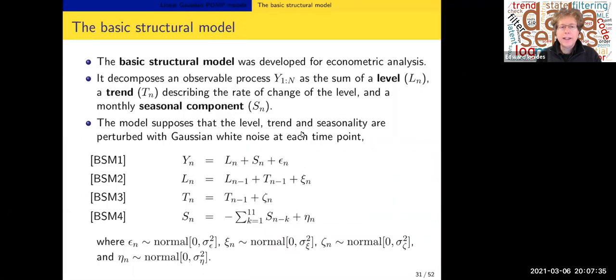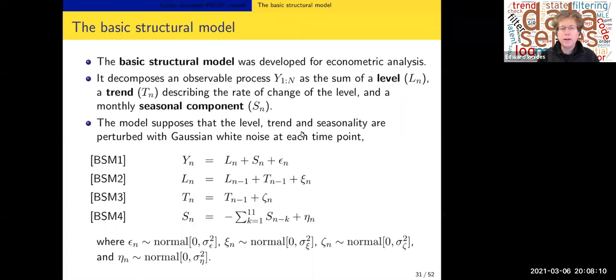Okay, we're going to see another example of an LG-POMP model that's useful and that you can play with in R. The basic structural model was developed for econometric analysis, and we write our model of the data y_1 through y_N as a sum of a level, l_n, a trend, t_n, and a seasonal component, s_n. Now, according to the POMP paradigm, these components are not observed, right?